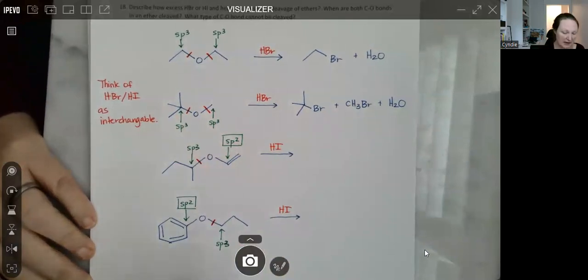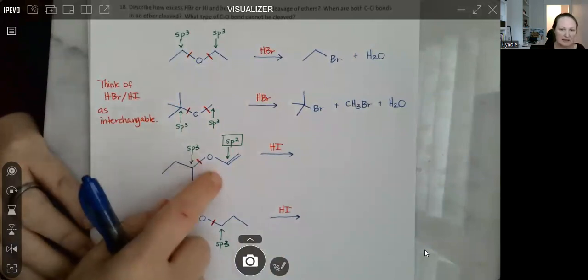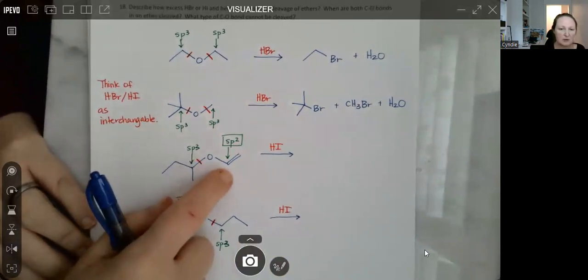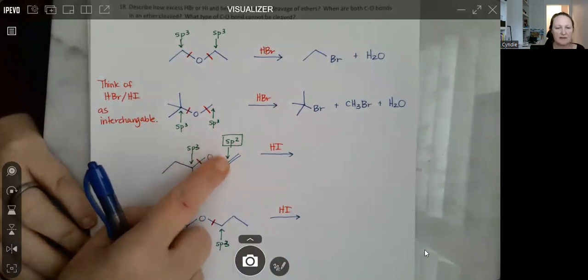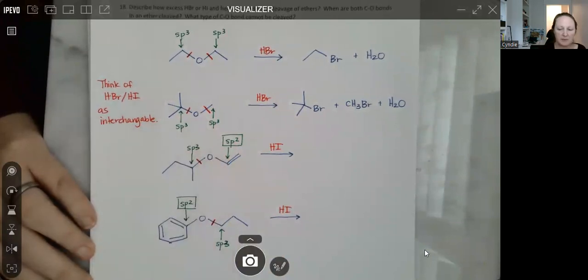But here, I'm only cleaving one because this carbon is sp2, right? And sp2 hybridized carbons don't undergo substitution reactions. So they do not undergo SN1 or SN2 reactions, which is why we cannot cleave this carbon-oxygen bond.